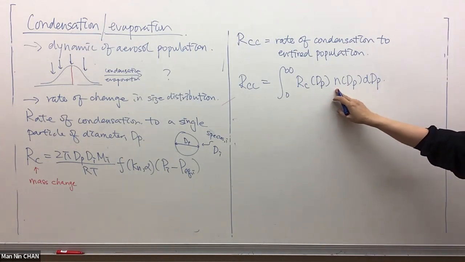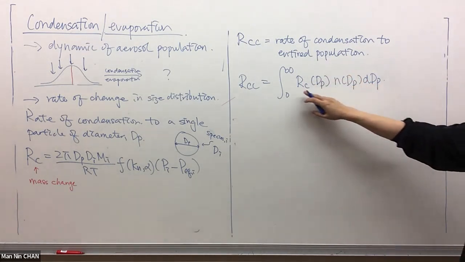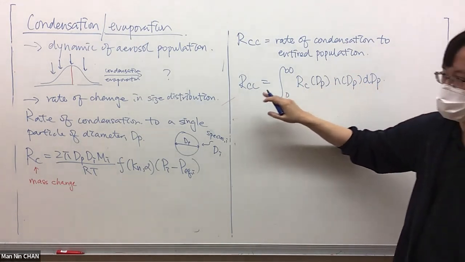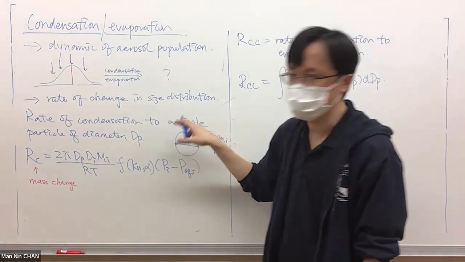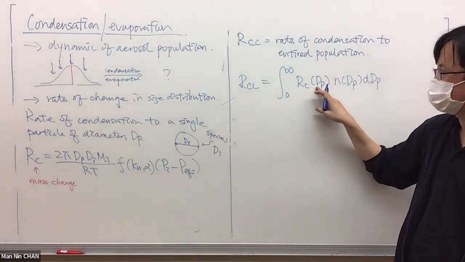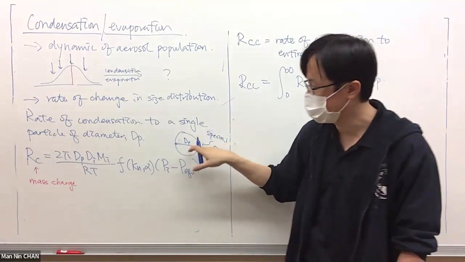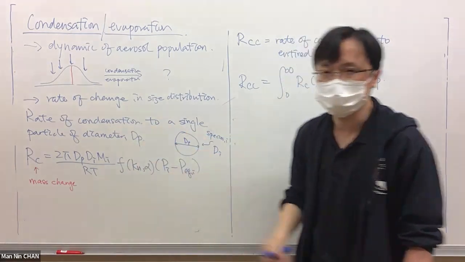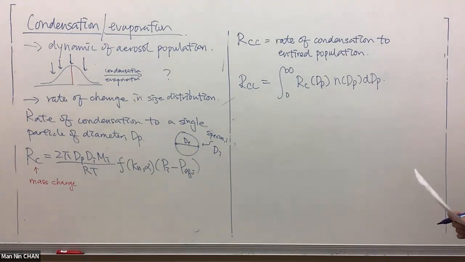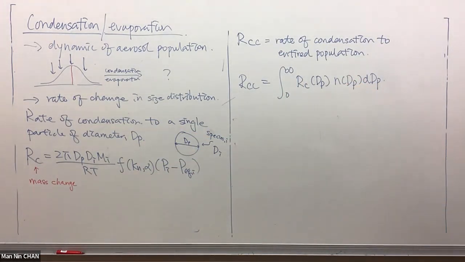This is the distribution of your aerosol population. This R_C is the rate of condensation to a given particle size, so it is a function of dP. Because it depends on particle size, with different sizes you have different rates of condensation, and then you multiply by your size distribution function.